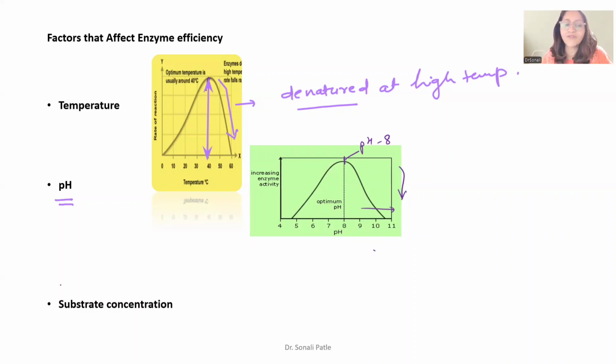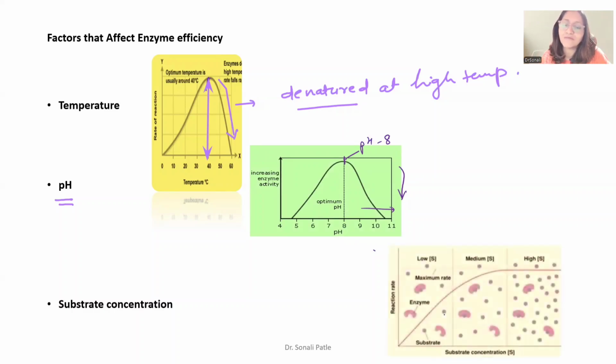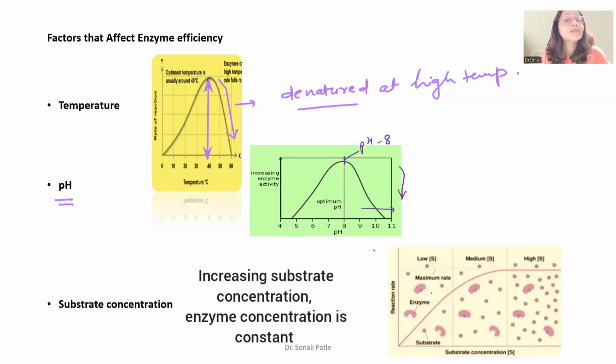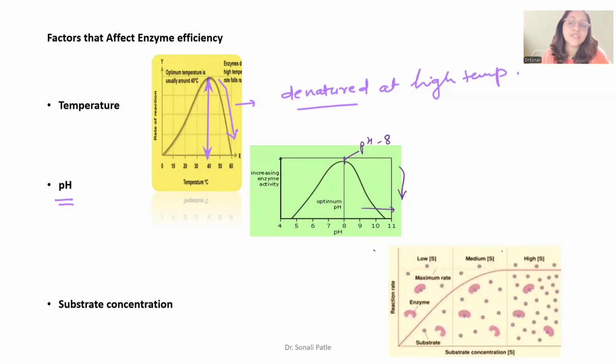And substrate concentration. Can you guess what will happen if you increase the substrate concentration? You have more substrate, so more product must be formed, right? Same thing happens here. If you keep on increasing the substrate concentration, the product formation will also increase, but there is a limit because your enzyme is limited.